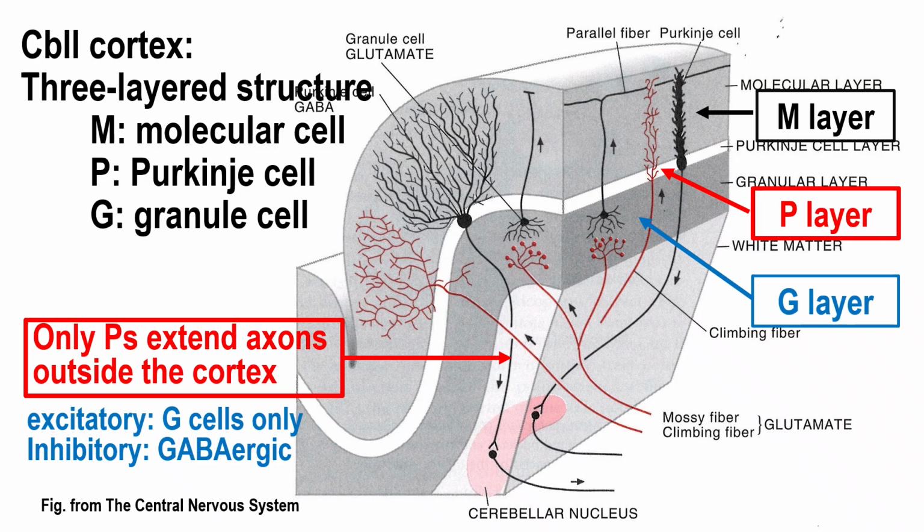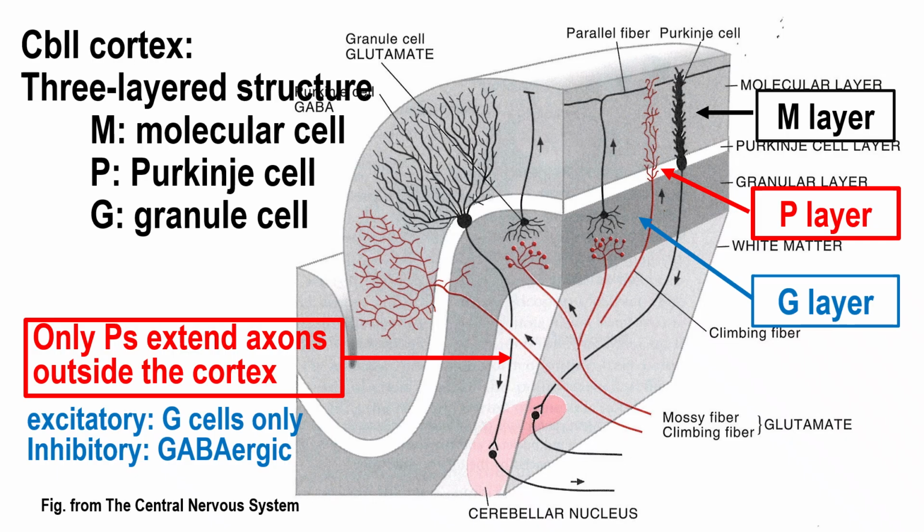The Purkinje cell layer has large Purkinje cell bodies arranged in a monolayer. The granule cell layer is packed with tiny granule cells with medium-sized Golgi cells.